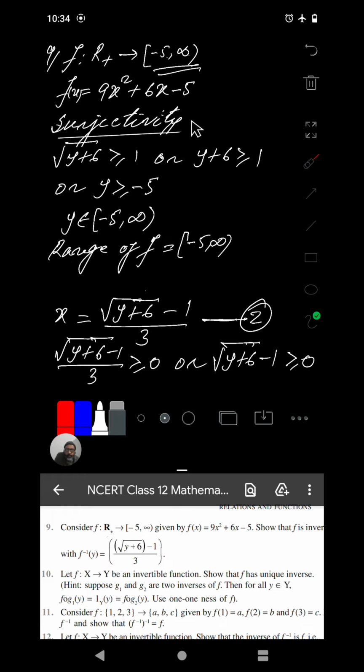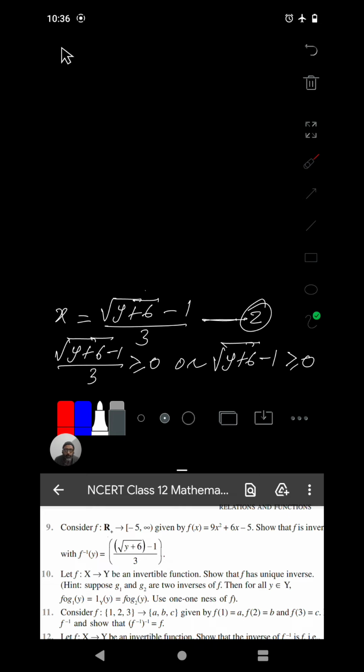Codomain of the function is also the same. So range of f is equal to [minus 5, infinity), which is also equal to codomain of the function. So since range of f is equal to codomain of f, function is onto as well.